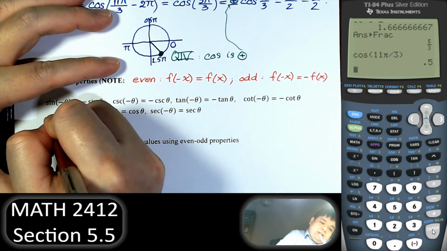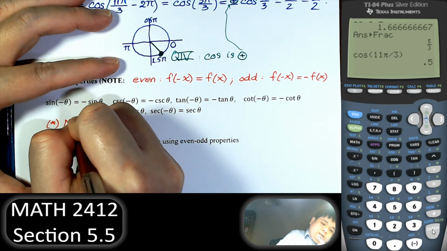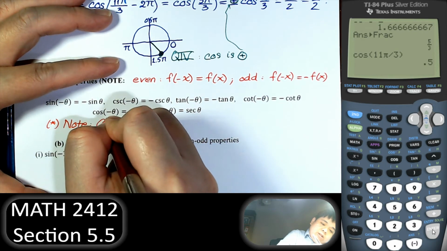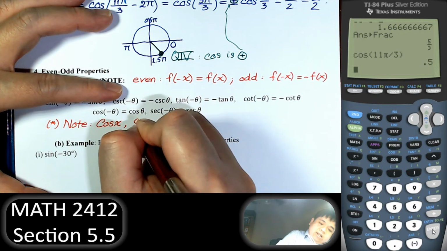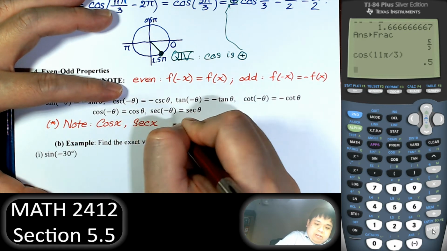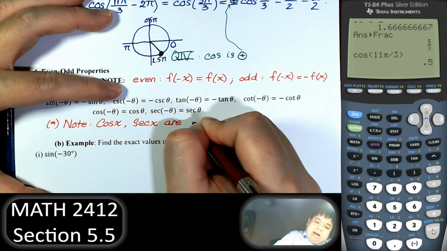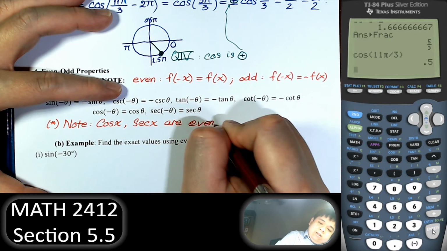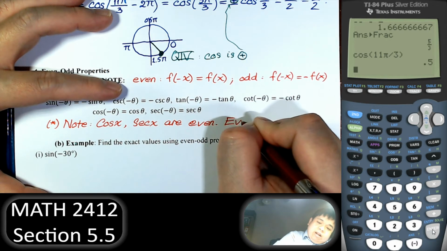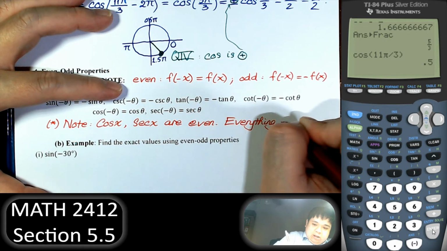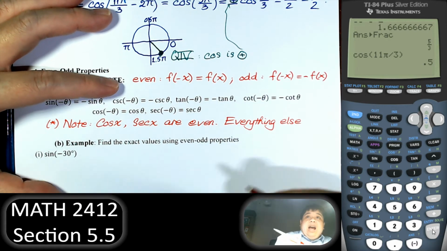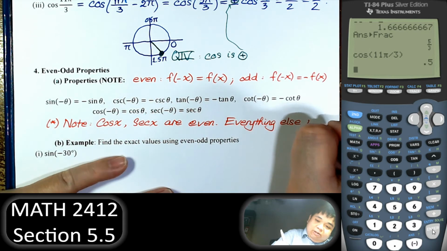So note cosine of x and secant x are even, every other trig function is odd.